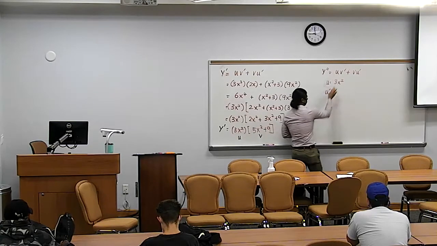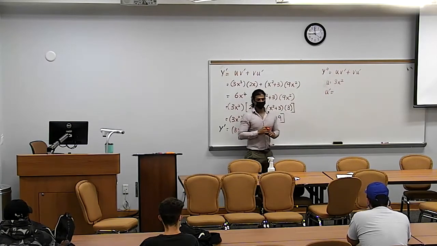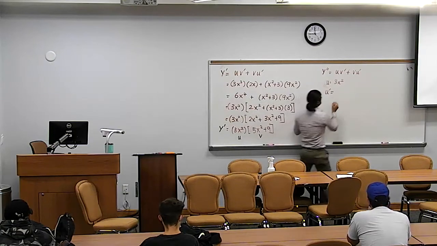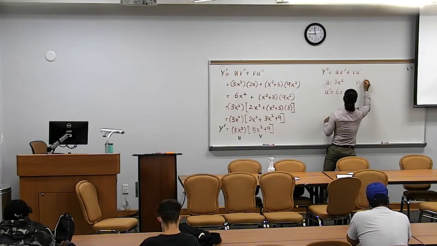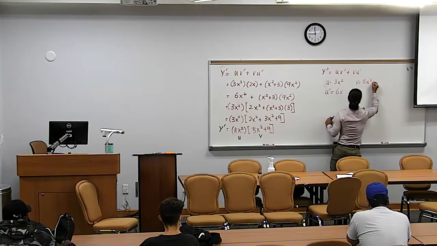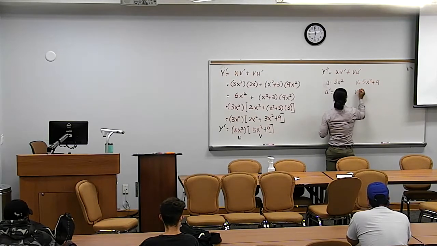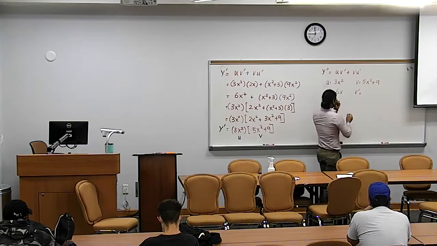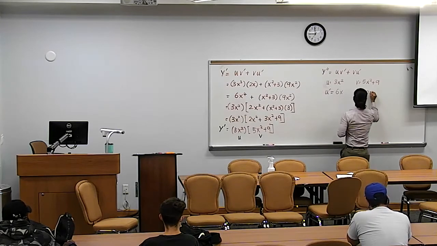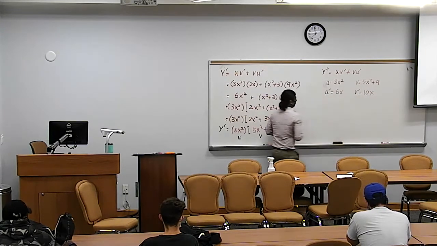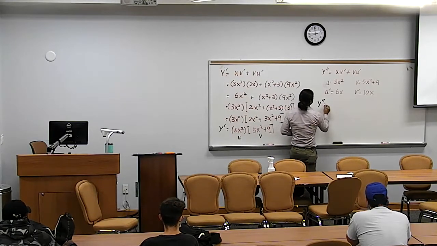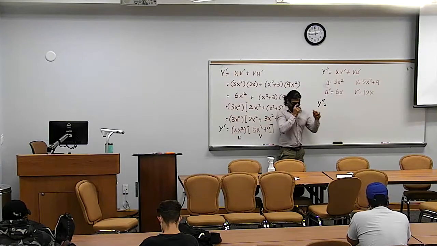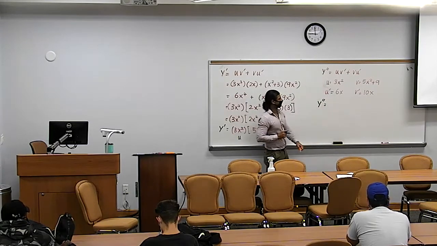What is u prime? 6x. V is 5x squared plus 9. And what is v prime? 10x. And we take those expressions and simply plug it in the formula.